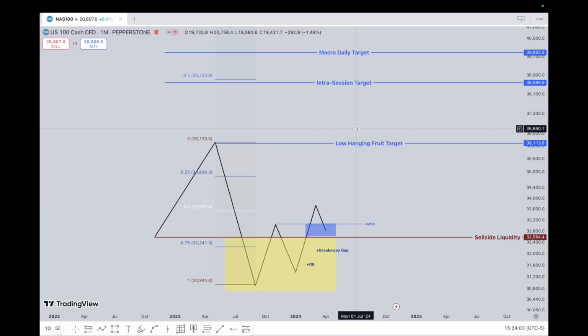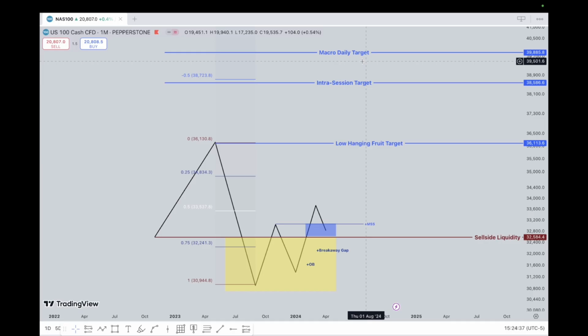When you get more advanced and you are going to use more contracts or more lots, if you want to call them like that, then you can take most of your position off here, and we are going to aim for the next target. And the next target can be this or some form of standard deviation that goes above this. And then ultimately we can let the market run for the macro daily target.